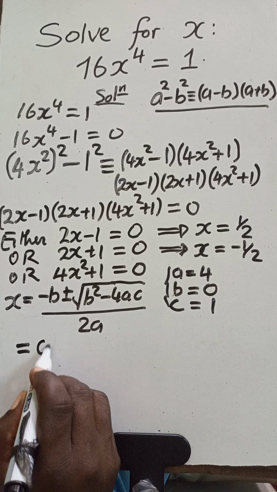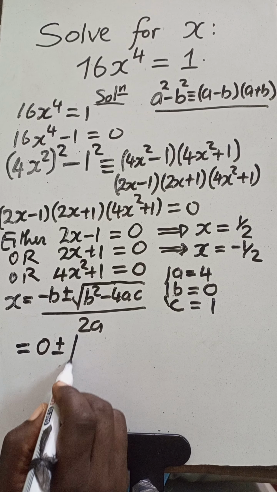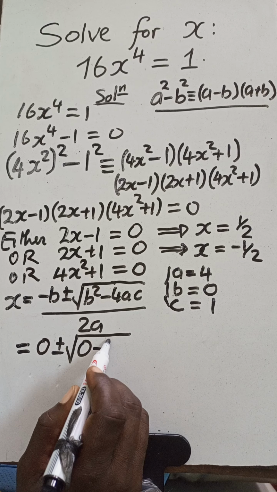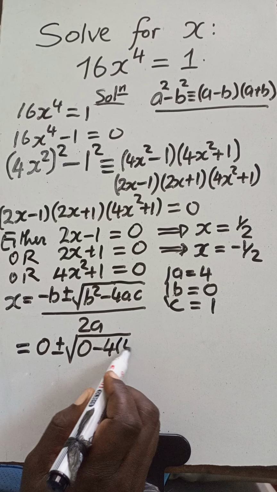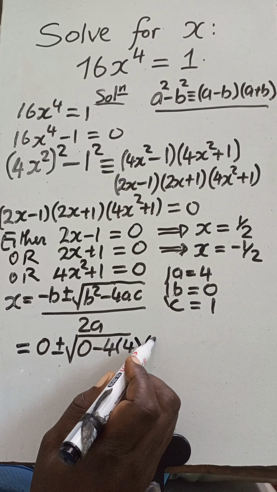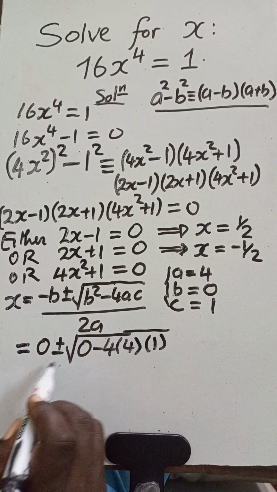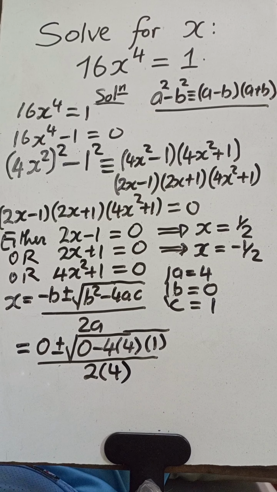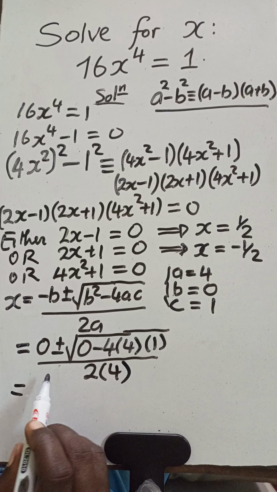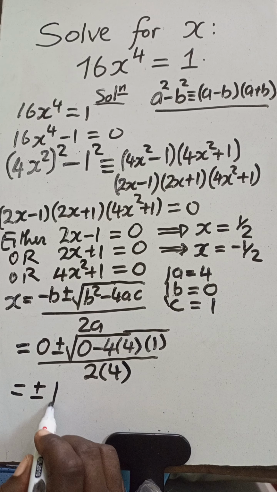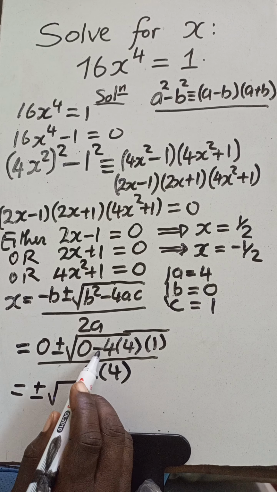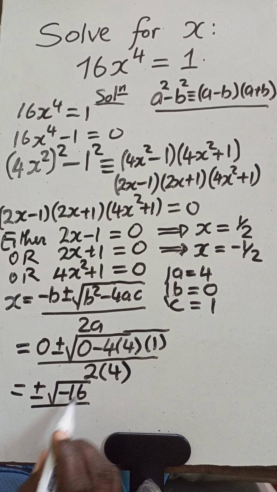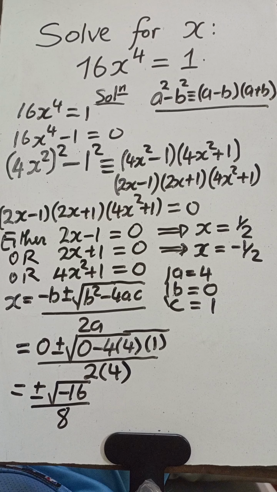b is 0, plus or minus the root of b again is 0 squared minus 4 times a times c, all of that divided by 2a. So we end up with plus or minus the root of negative 4 times 4, which is negative 16, all over 2 times 4, which is 8.